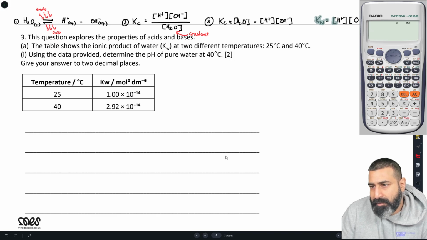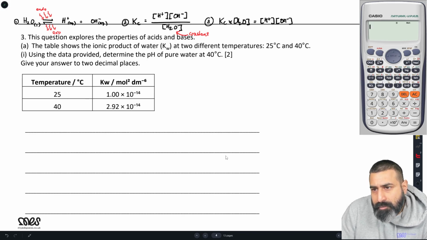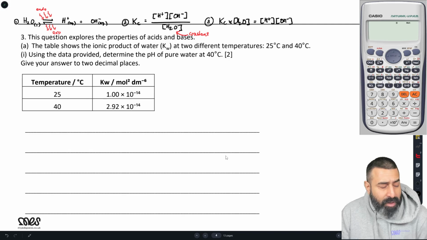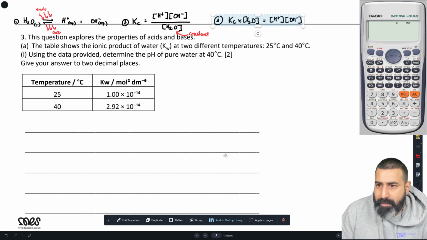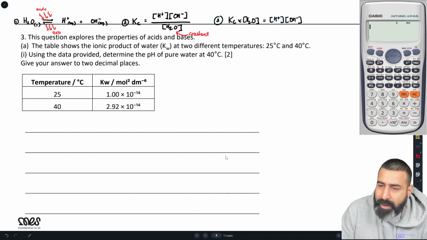Just going to get rid of Kw for a second to make a bit more space. And if we do that, you will see that the concentration of water term cancels out. Okay, still doesn't look like Kw, but we're getting there, okay? Now remember that Kc would be a constant. Let's call it constant 1.